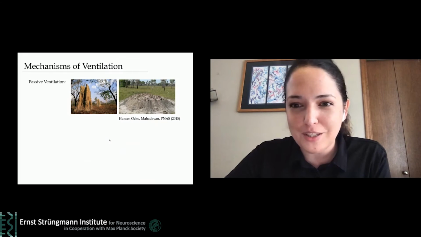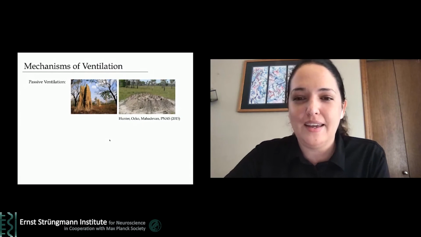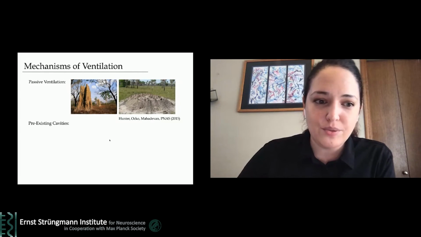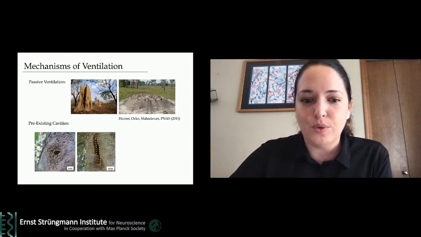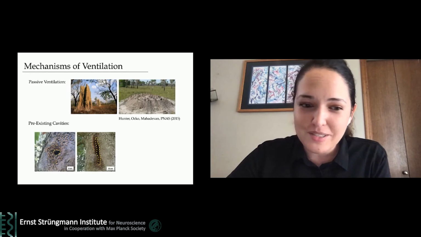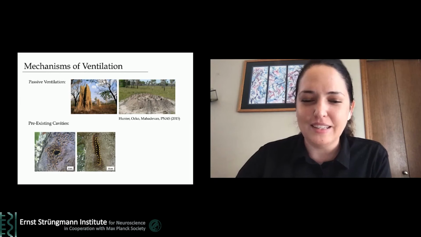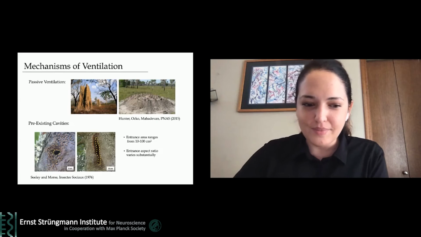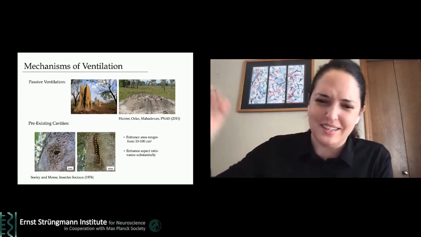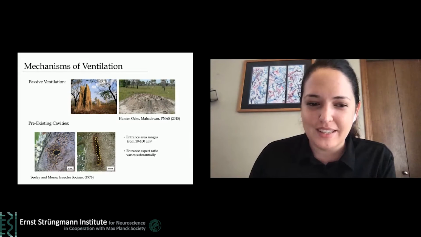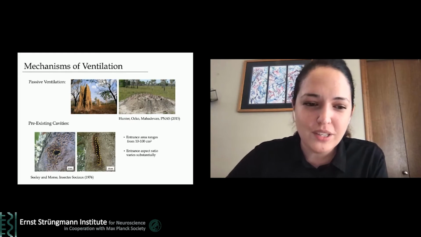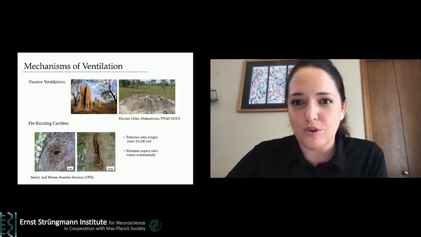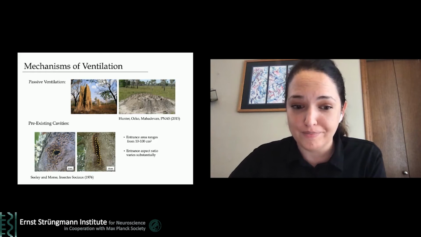Examples of these are termite mounds and ant mounds, but honeybees, at least in this part of the world, tend to nest in pre-existing cavities, which tend to be tree cavities that definitely have some characteristics that the bees are trying to optimize, like the size of the cavity and the entrance size and so on. But the point is that they're really using existing structures, and they have to do something more active to ventilate their hive.